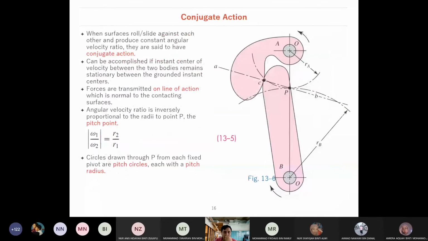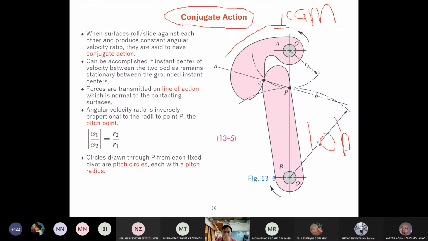Okay, the conjugate action. So what is the importance of conjugate action? Kalau tengok sini, this is not gear, this is actually the cam and the loop. Dia cuma nak cerita kat sini macam mana conjugate action can create a formula.